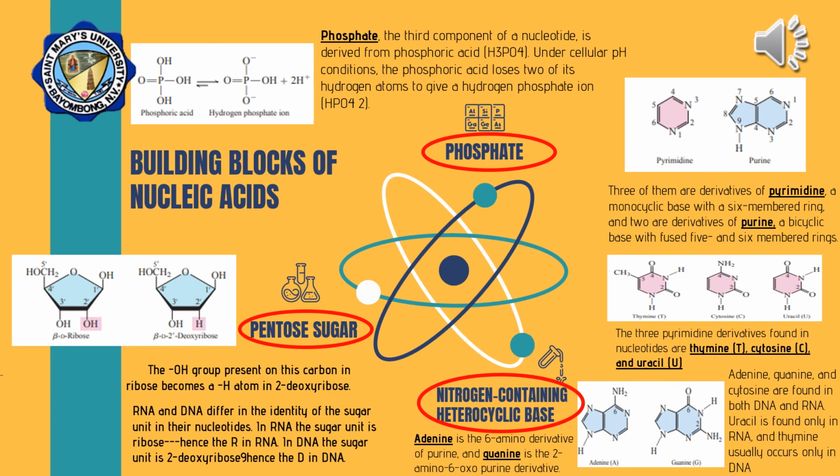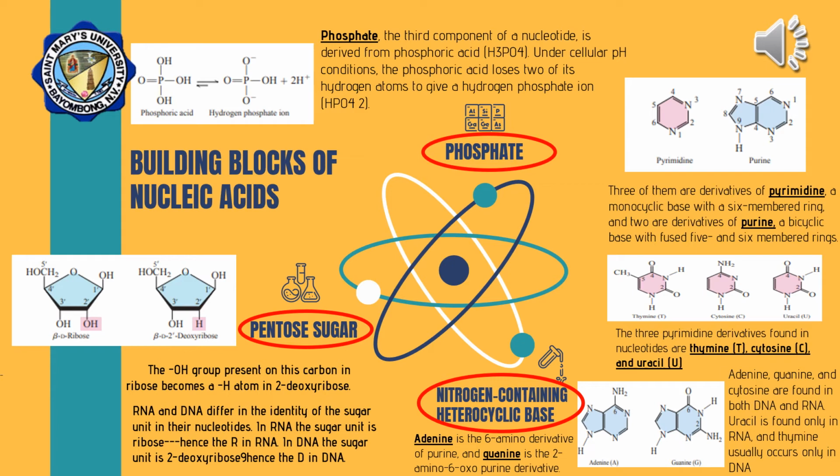Now, let us pay attention to the pentose sugars. Structurally speaking, the only difference between these two sugars occurs at carbon 2'. The hydroxyl group present on this carbon in ribose becomes a hydrogen atom in 2'-deoxyribose. So take note that the prefix deoxy means without oxygen.